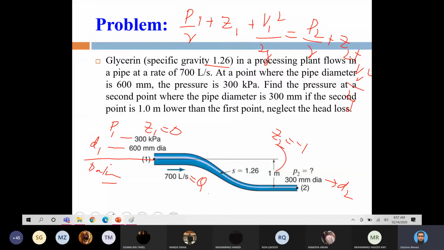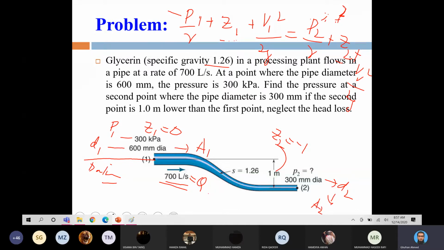You just put all the values here. So you have P1, but you do not have P2, which you need to find. Z1 is 0, Z2 is -1. How will velocity V1 come? You have the discharge Q, and from this diameter D1 you can find area A1. Similarly from D2 you can find A2.